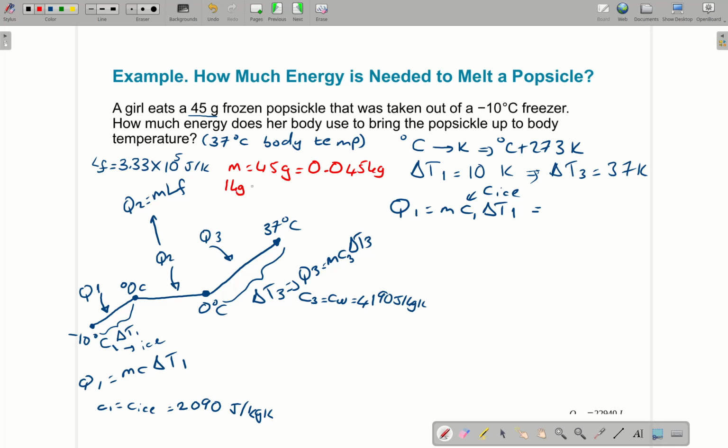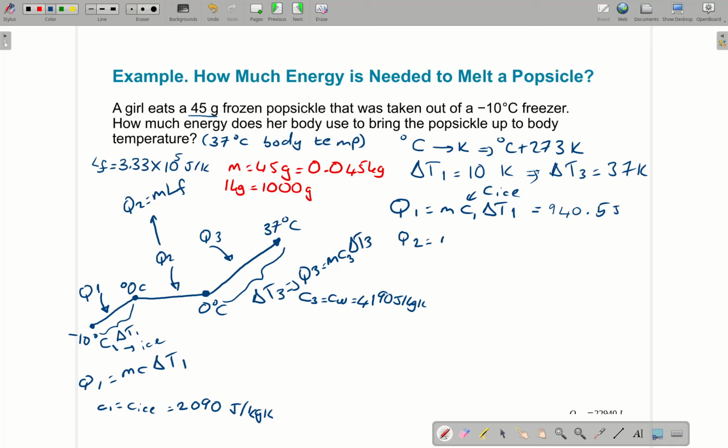So 1 kilogram is equal to 1,000 grams. Reminder here. So you will get Q1 to be 940.5 joules.